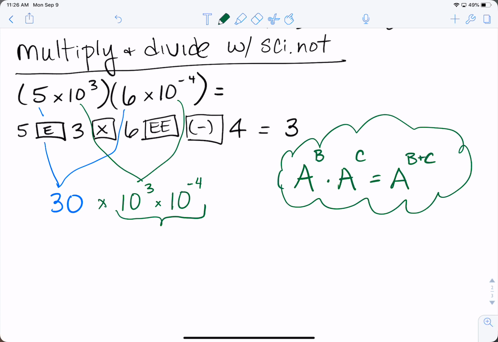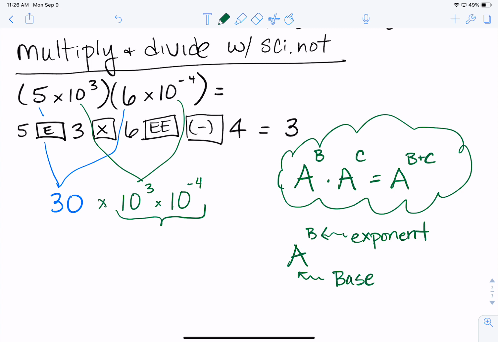By the way, I also want to tell you that we call this the base. This is what we call the exponent. That way we are clear when I say base, what I'm talking about is the big number right here, 10. When I'm saying exponent, what I'm talking about is the little number up there.